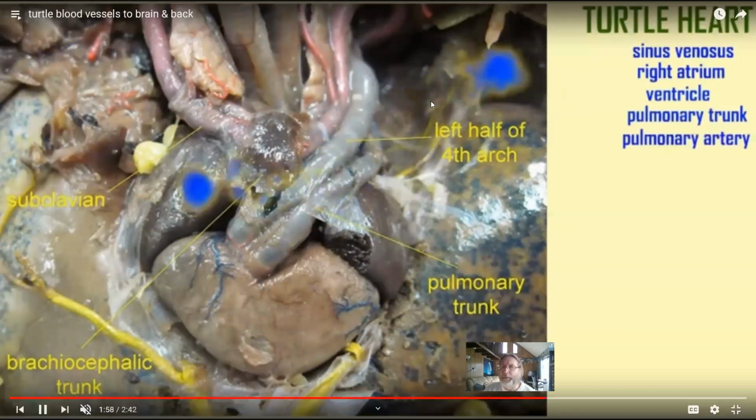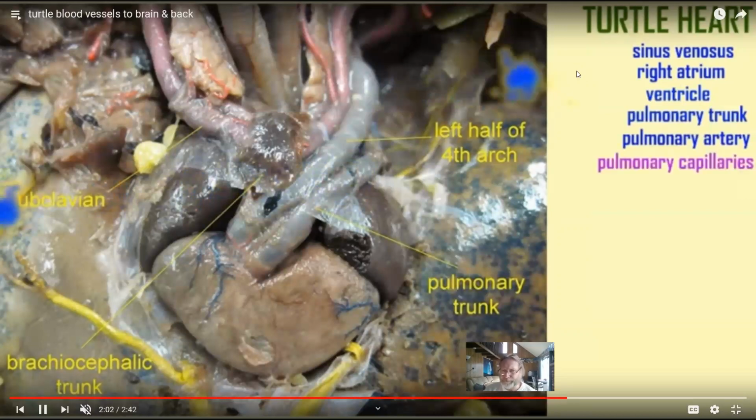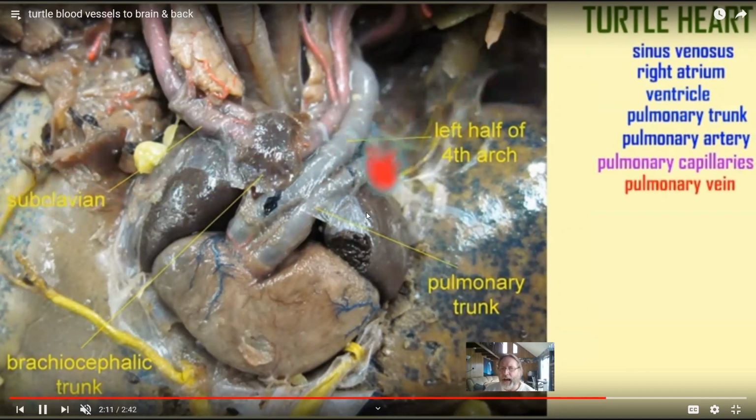From there, there will be a pulmonary artery which reaches the lungs, which are here. Gas exchange occurs. A pulmonary vein will come back into the left atrium, which is here, and then from there, this red oxygenated blood goes to the ventricle, and it will then go into the brachiocephalic trunks.